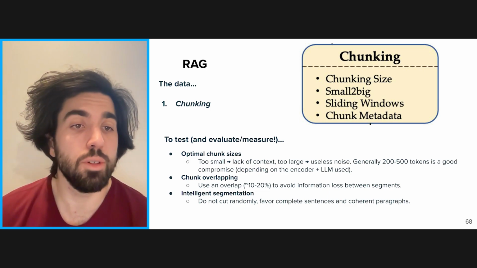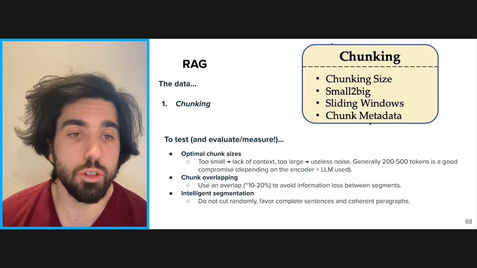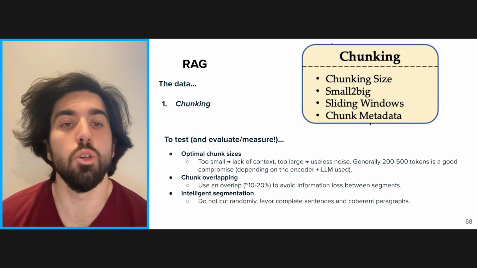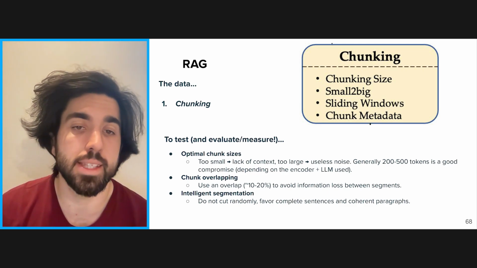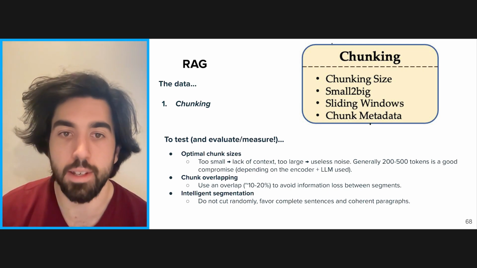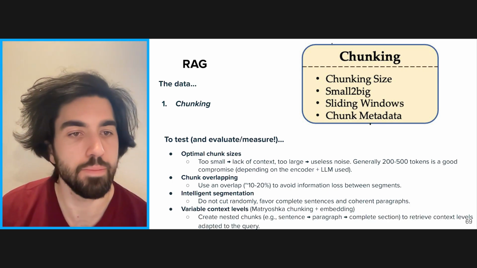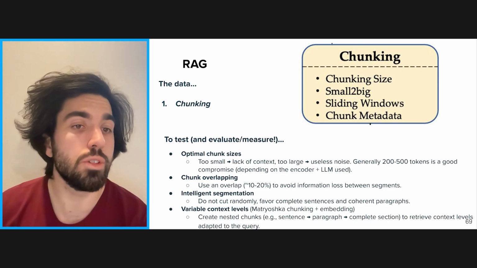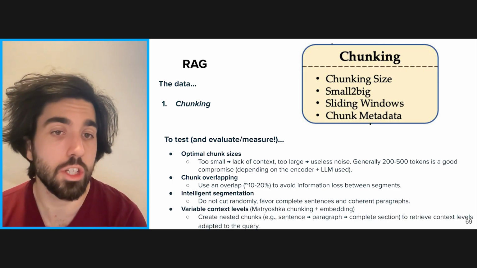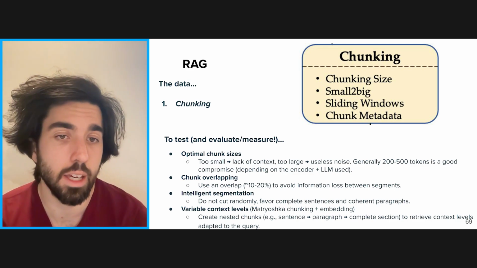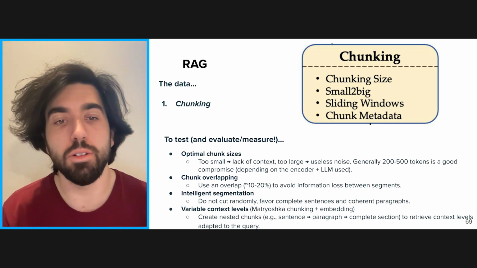Another thing we can do is intelligent segmentation. You don't want to cut randomly. You want to rather favor complete sentences and coherent paragraphs, and respect the structure of the text. Then you can also use variable context levels, which is often called Matryoshka chunking and embedding, where you can do that at two levels.